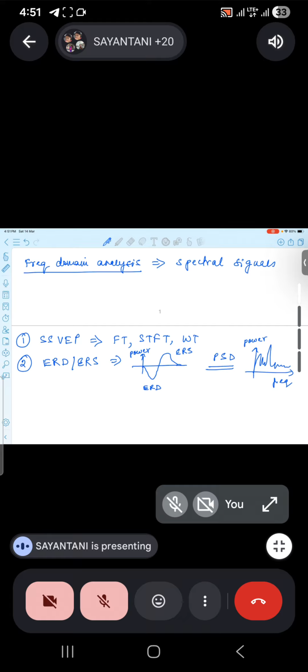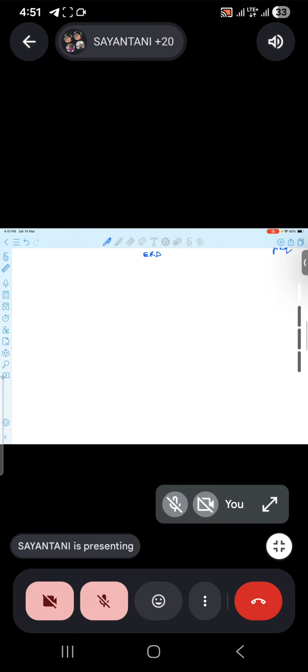Okay. Now we move on to the next category of EEG signal features, that is the time domain based features. We are over with frequency domain based.